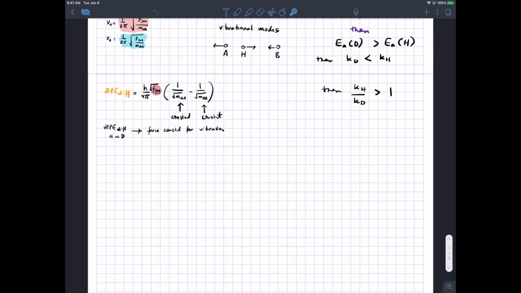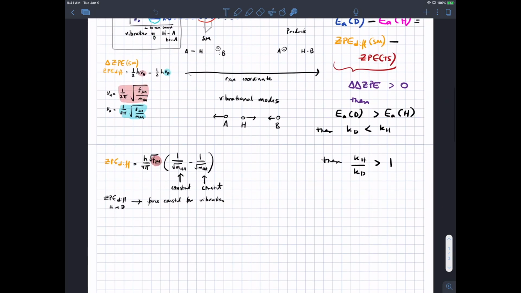What we've talked about so far has all been for reactions where a bond involving a proton and whatever group is changing in the rate determining step.